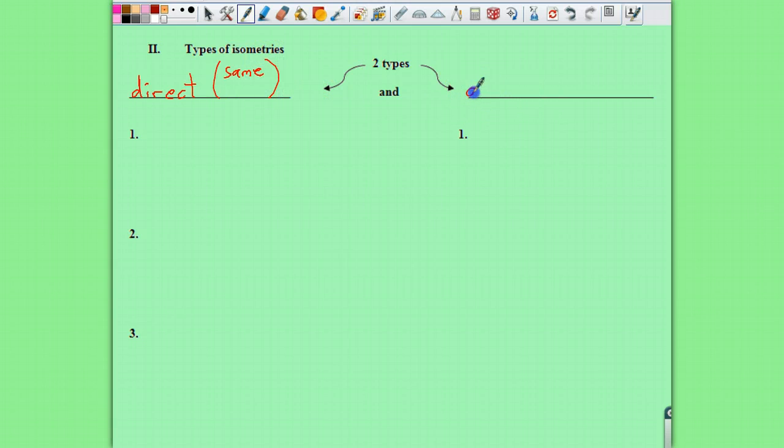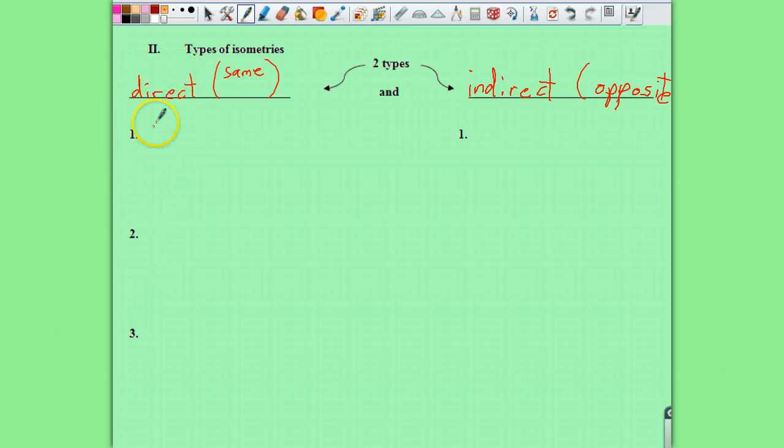And there's also an indirect, which is opposite. Okay? So direct isometry, same, means orientation. The letters of a shape go in the same order no matter what happens to this shape, the transformation.